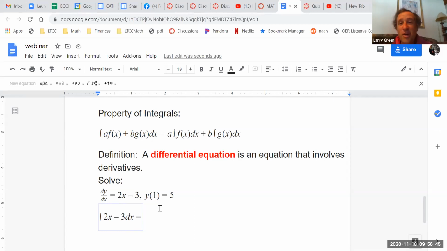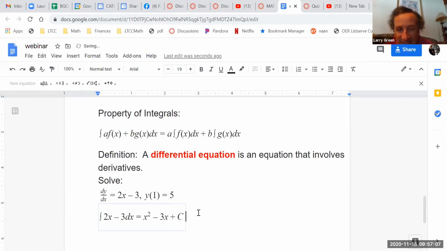I want to let you know, by the way, I call this the 4-point C instead of the 1-point C. You know what that means? So we got x squared minus 3x, and you forgot the plus c. In this case, this is what I call the 4-point C. It means you lose 4 points.